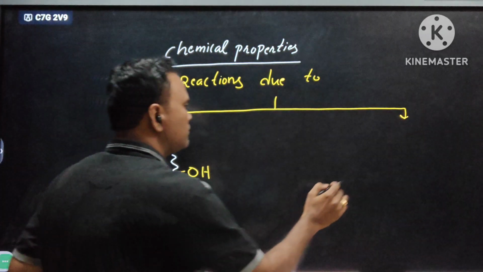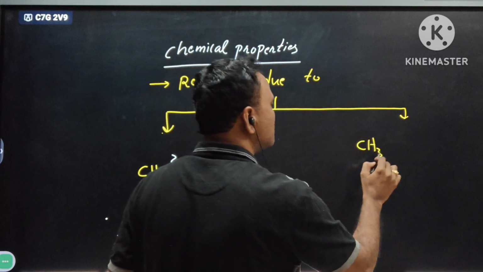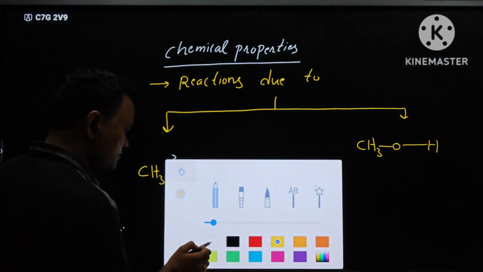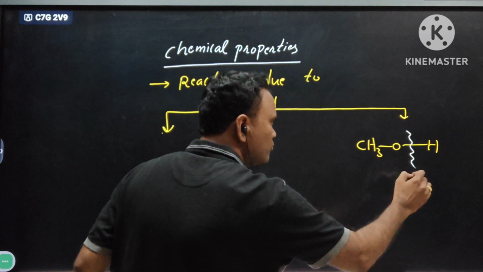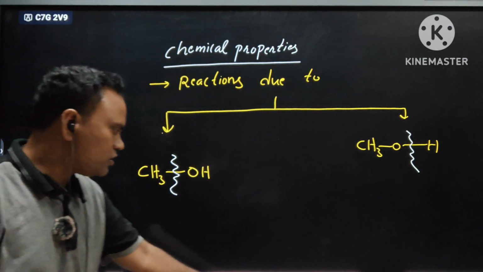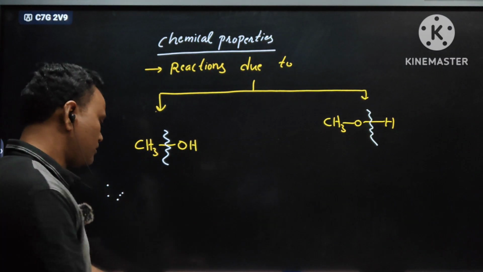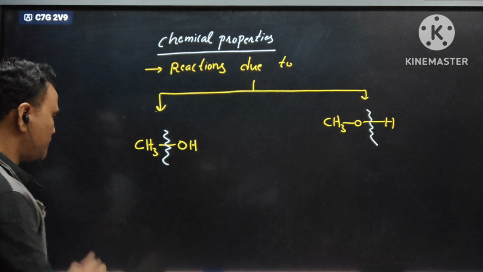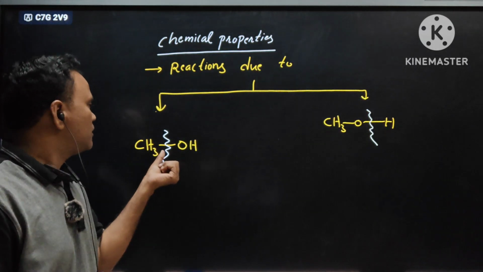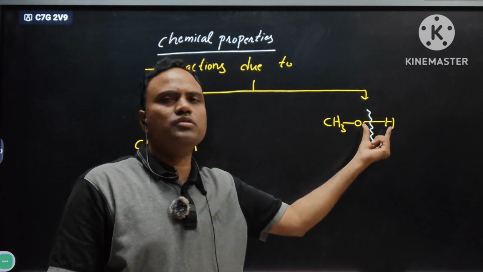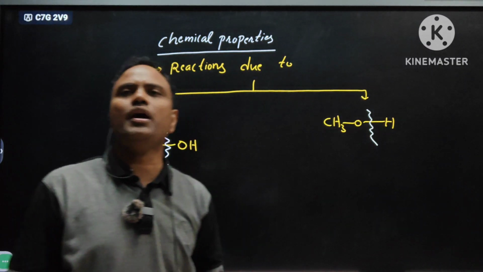And another one, CH3OH, reactions due to OH bond breakage. Alcohols participate in chemical reactions in two ways. First method is involvement of the carbon-oxygen bond. Second method is involvement of the oxygen-hydrogen bond.